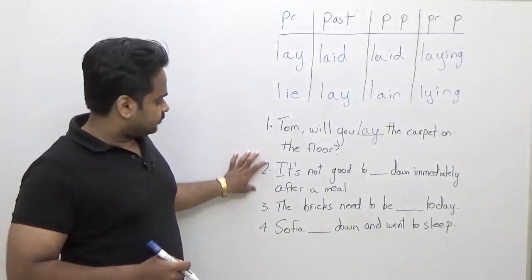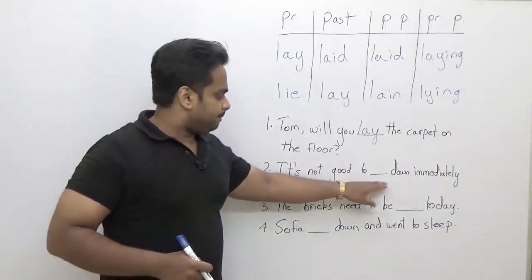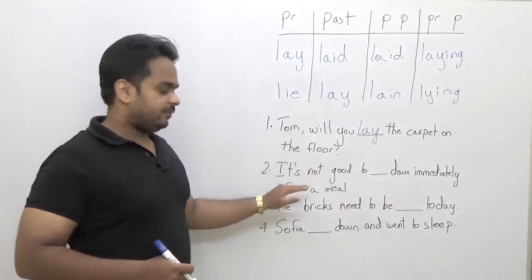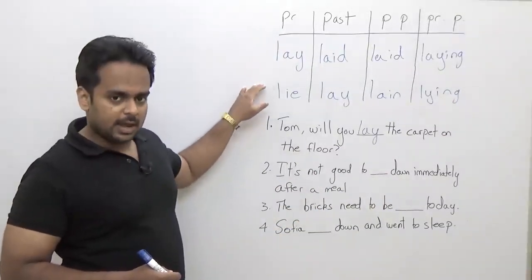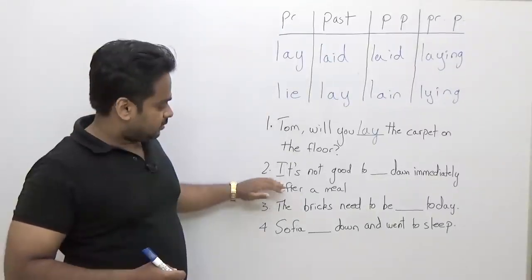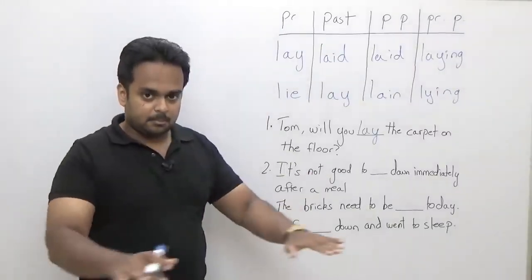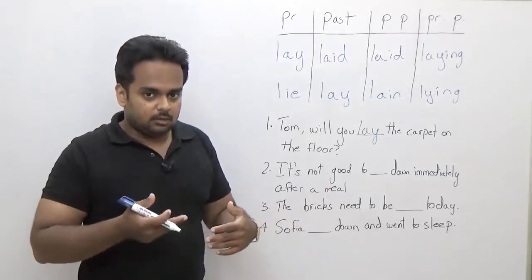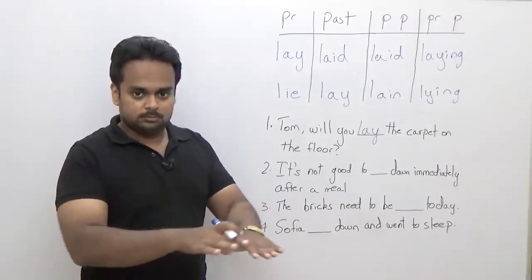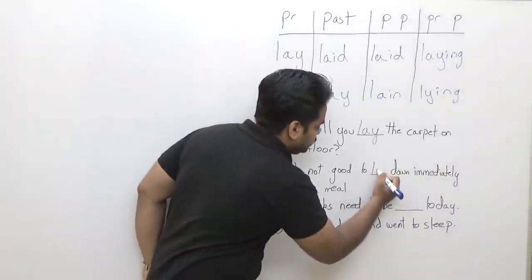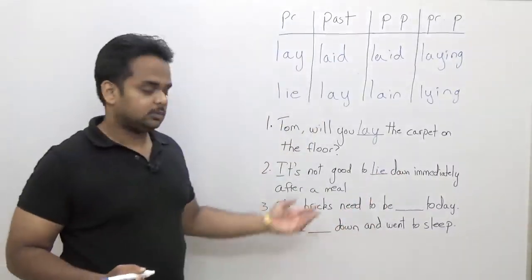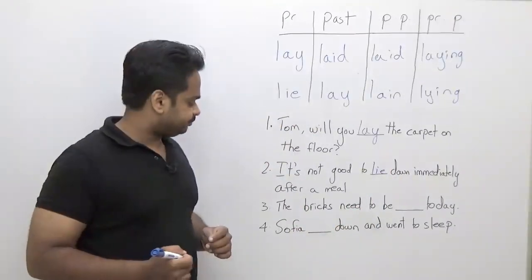Exercise number 2. It's not good to down immediately after a meal. What are we looking for? Lay or lie? Well, here we're talking about after you have a meal, it's not good to lie. So it's not good to lie down immediately after a meal.